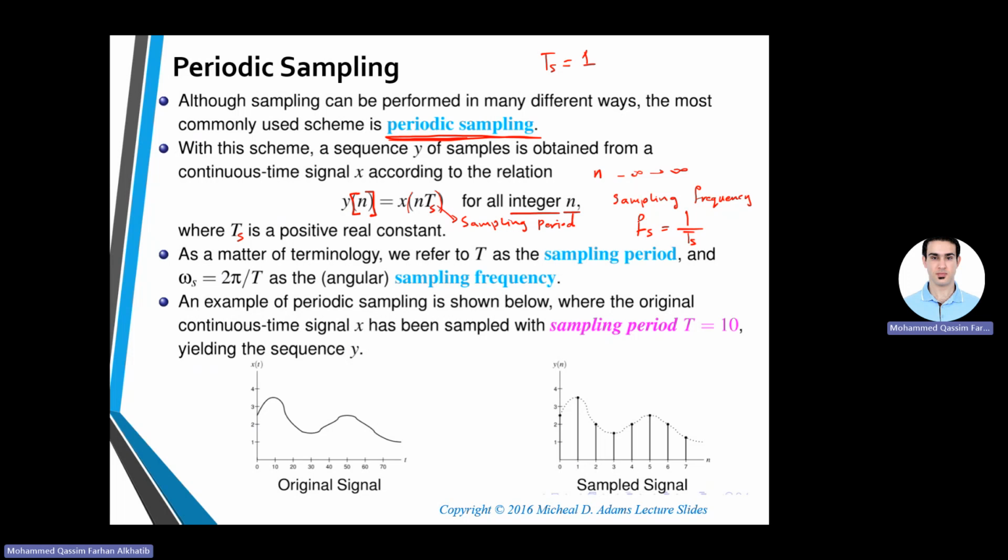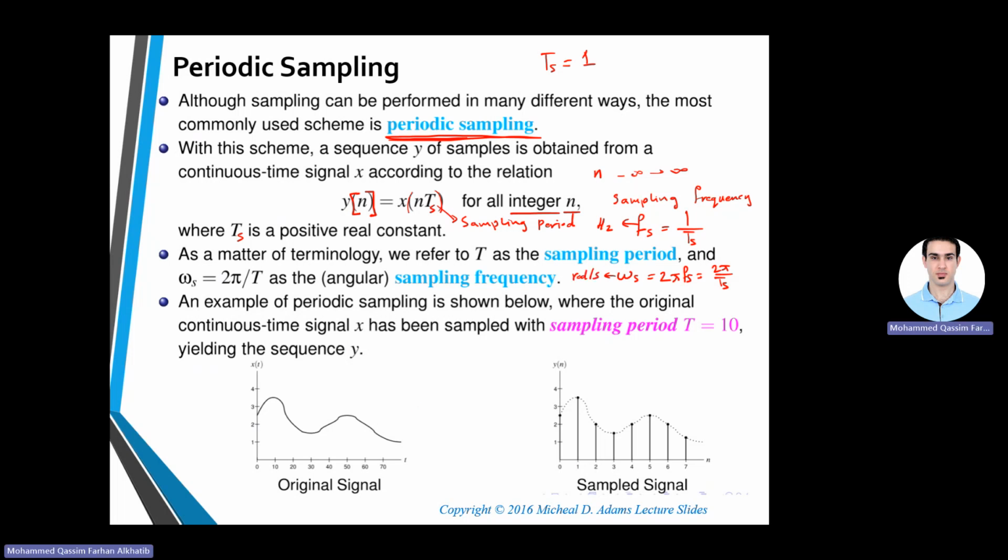If we use Fs, the unit is hertz. In many references, they use omega s, which equals 2 pi Fs, the same as 2 pi over Ts, and in this case the unit is radian per second. That's just some terminology.